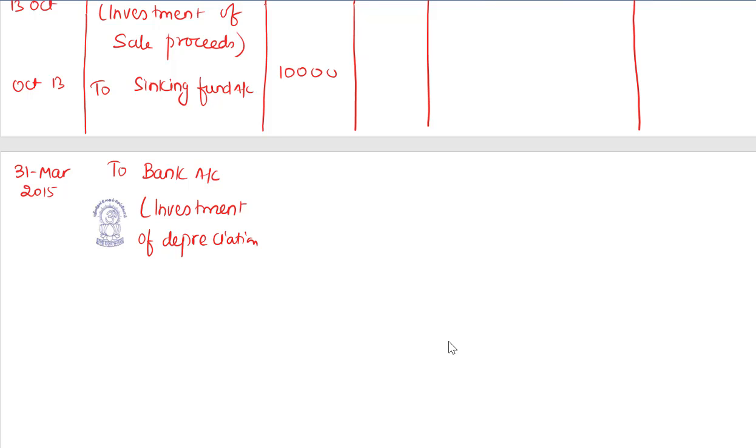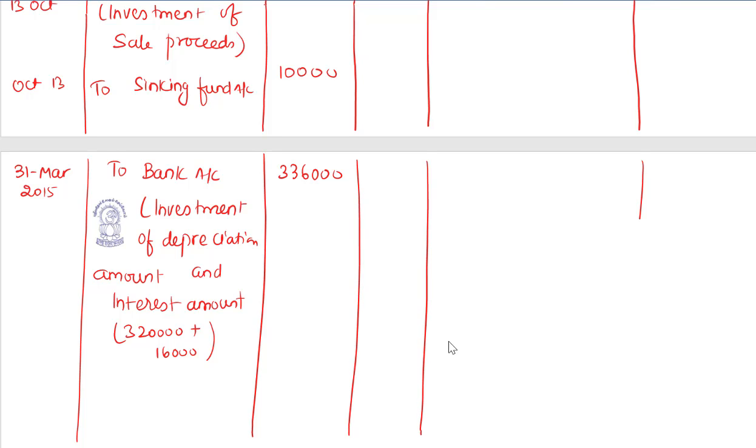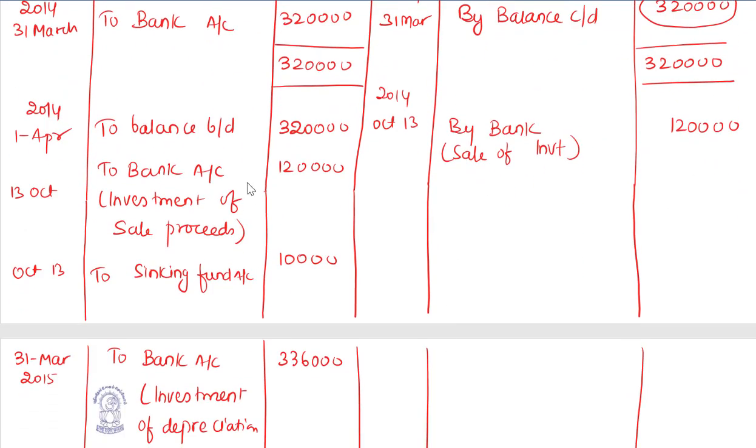Depreciation amount, which is 3,20,000, and interest amount, which is 16,000. So 3,20,000 plus 16,000 is 3,36,000. Stretch these lines.